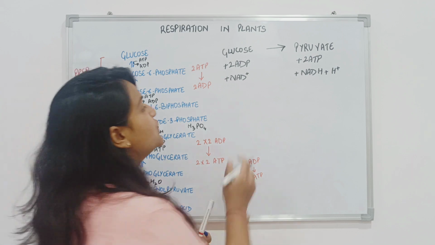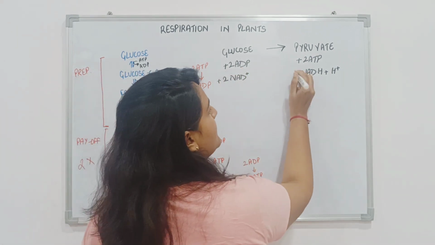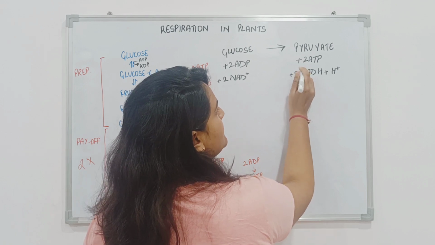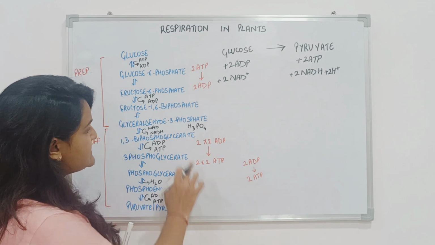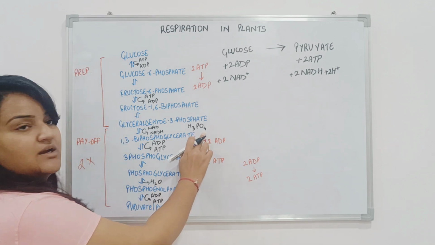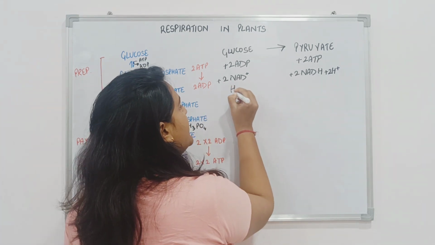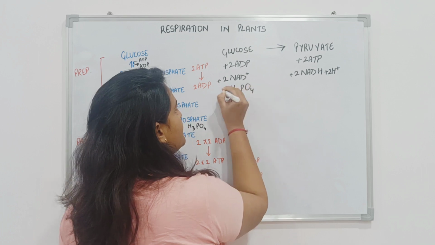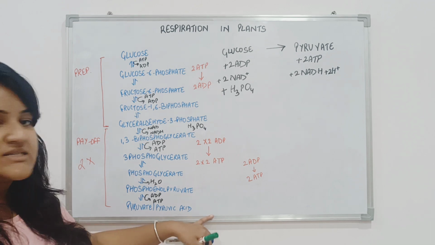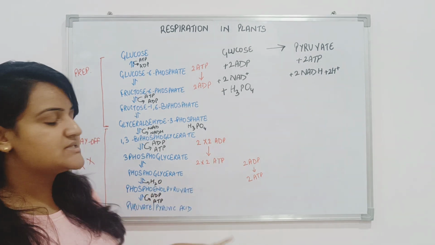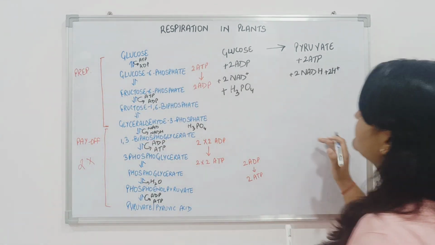So it will be 2 molecules. Right? Now, next is H3PO4 is used here. Why? For the phosphorylation. So H3PO4. Right? Anything else is left? No need.